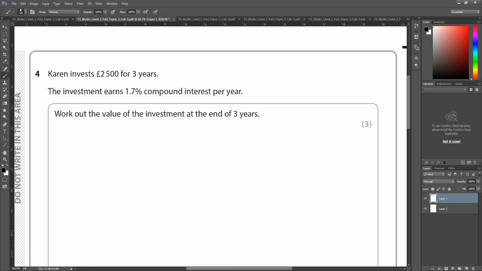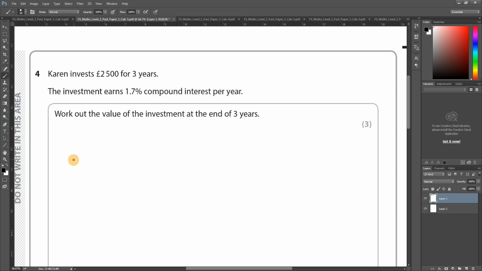Question 4. Karen invests £2,500 for 3 years. The investment earns 1.7% compound interest per year. Work out the value of the investment at the end of 3 years. 3 marks. So the quick way of doing this is by using the formula.